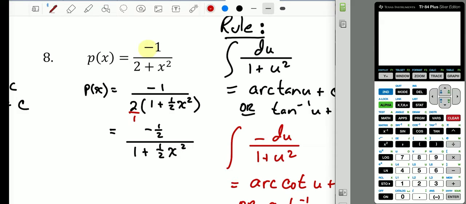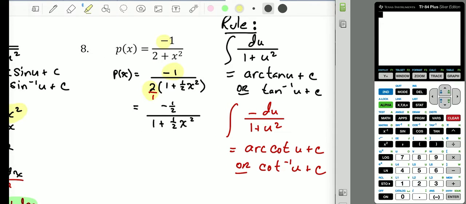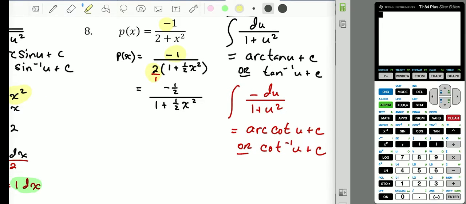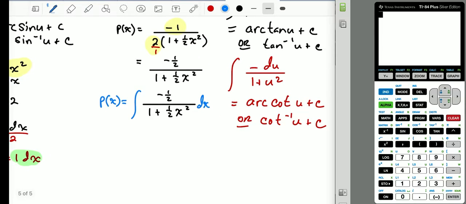You know, this is 2 over 1, -1 divided by the 2 over 1 is really the same as -1 times 1/2. All right, so if I want capital P of x, which for me doesn't look much different than my lowercase p of x, I'm going to integrate this. All right, so I want my u squared to be 1/2 x squared.